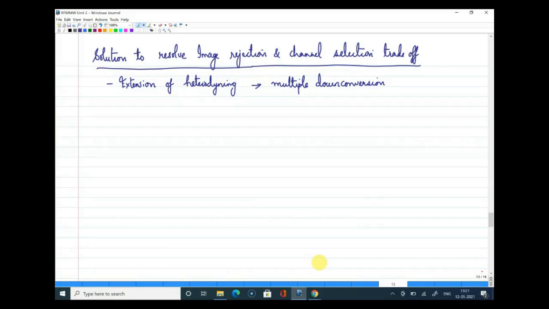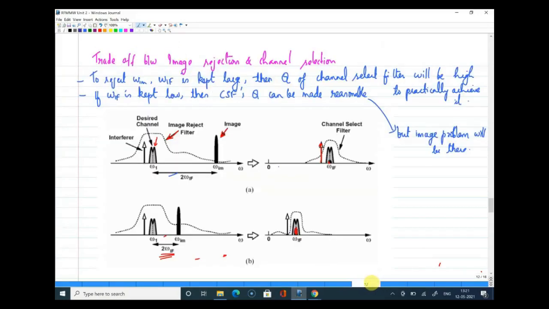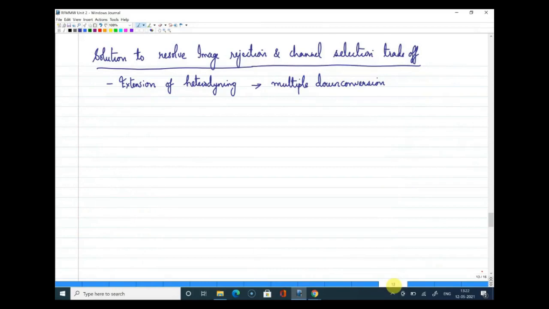All right. So what we understood is everything depends on how we choose the intermediate frequency, how far it is from the desired signal. Based on that, you can have a better channel select filter, or a better image reject filter. So the initial segments will remain the same.